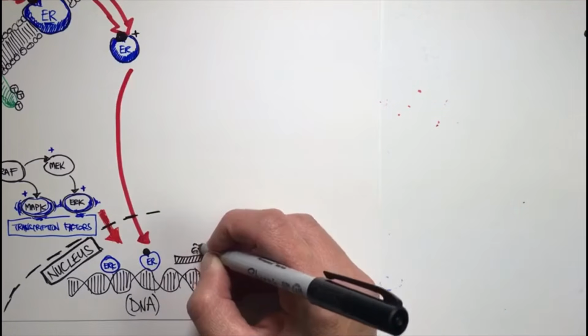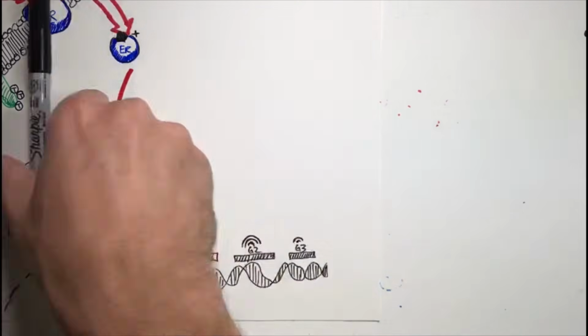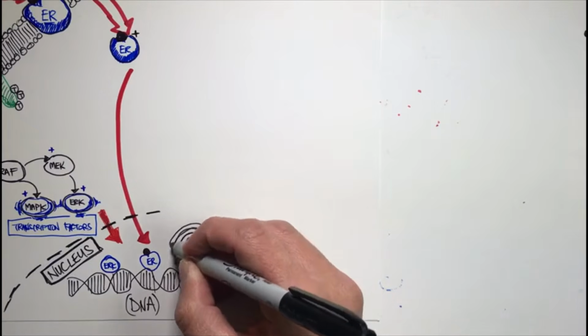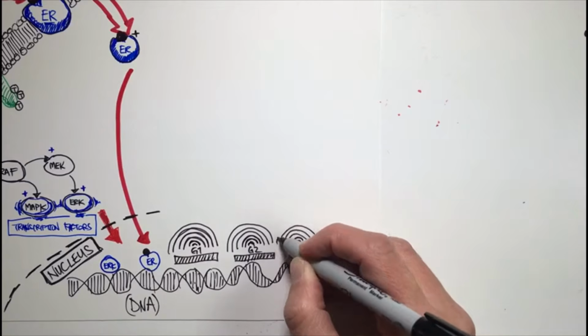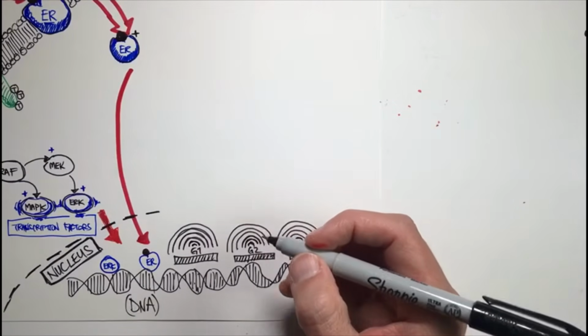So before they're bound, before the transcription factors bind and influence these genes, I sort of draw a little volume symbol here, that they're very low. But once we have the binding of the transcription factors, the activity, the impact, the volume of these genes, we call it gene expression. The gene expression goes up.